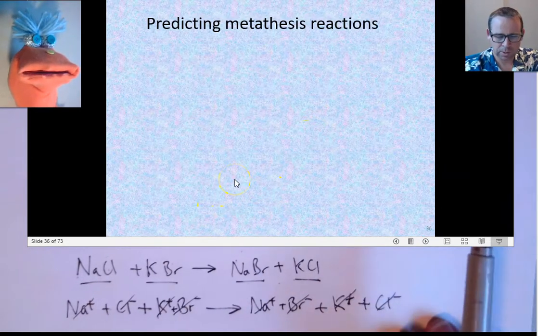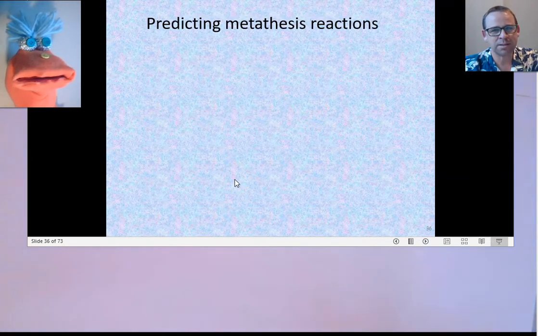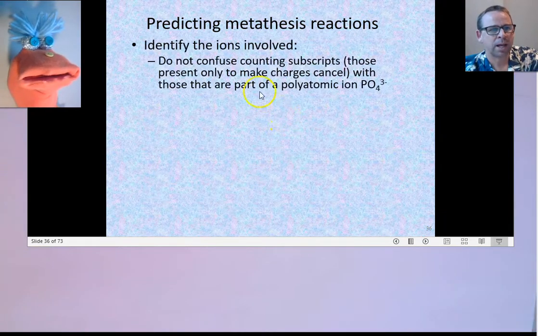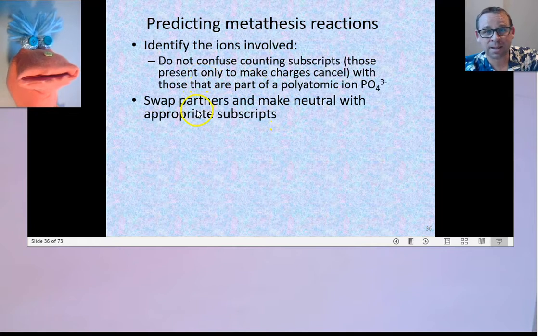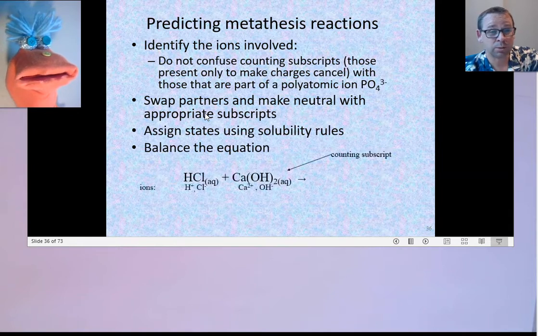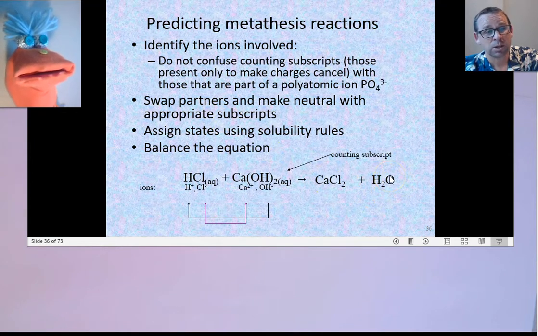So we now have all the tools necessary to predict metathesis reactions. We can identify the ions that are going to be in the reactants, swap their partners, and use the solubility rules to see if some of the products are soluble or insoluble, all right? So here's an example of a chemical reaction, HCl, hydrochloric acid, and calcium hydroxide.